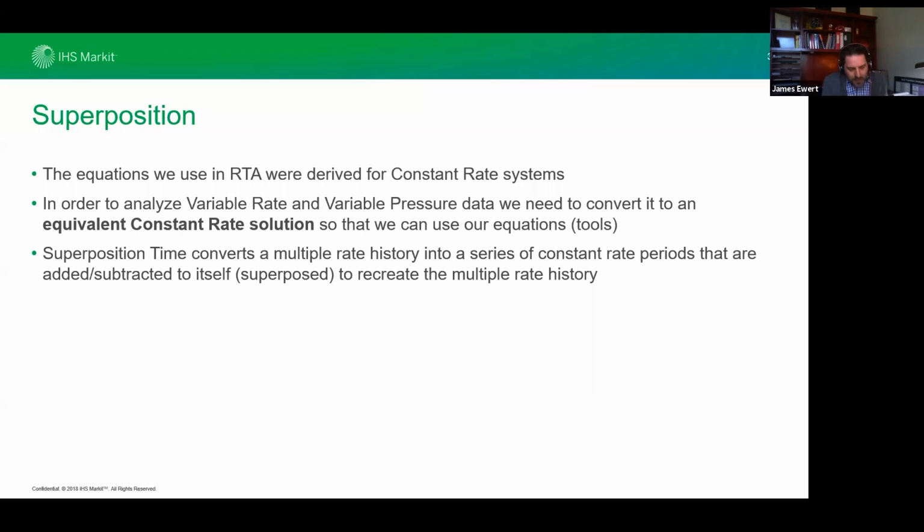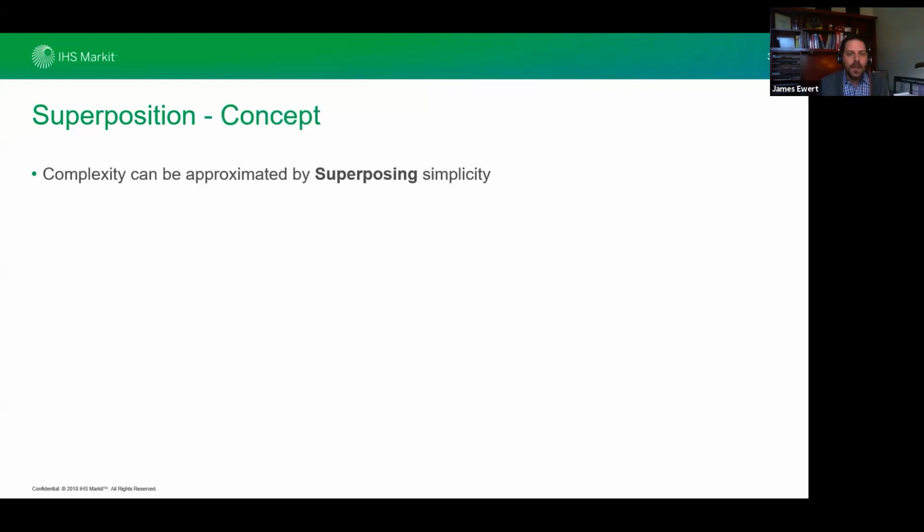So superposition time converts a multiple rate history or variable rate history into a series of constant rate periods. And we just add them and subtract them from themselves. And if you do that, you can recreate something that's more complex. So keep in mind, if you have a very complex system, you can approximate it by superposing something simpler.